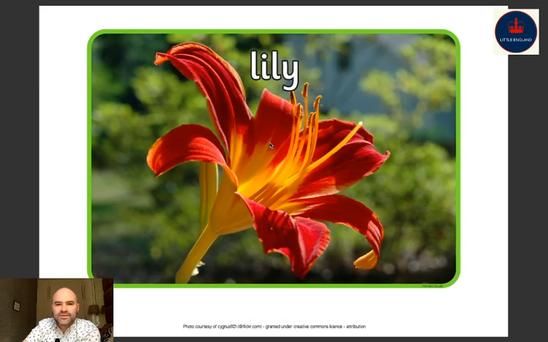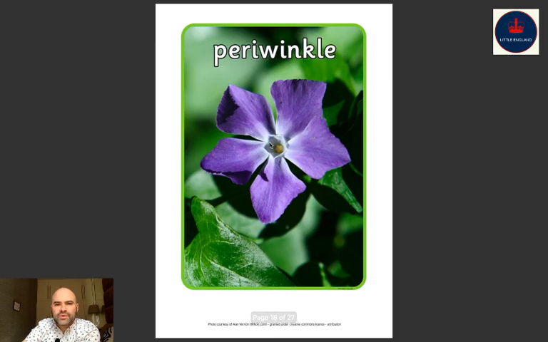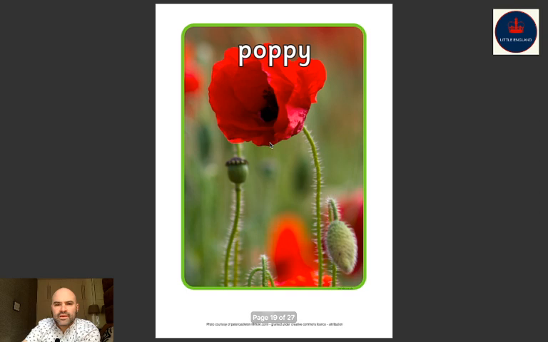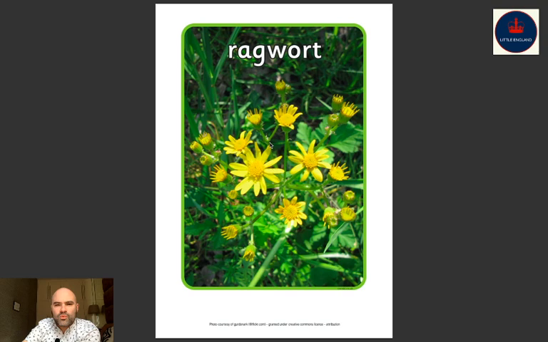There's a lily flower. Pansy. Periwinkle. A poppy flower. Ragged robin. It looks a little ragged. That's probably why it's called a ragged robin. Ragwort. That's a funny name one. Ragwort.